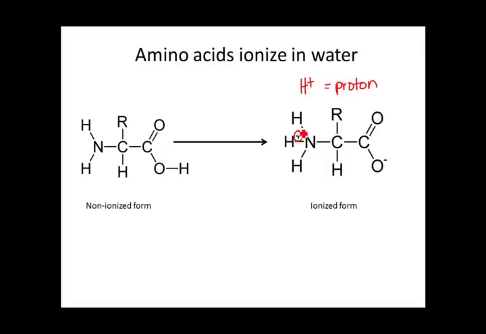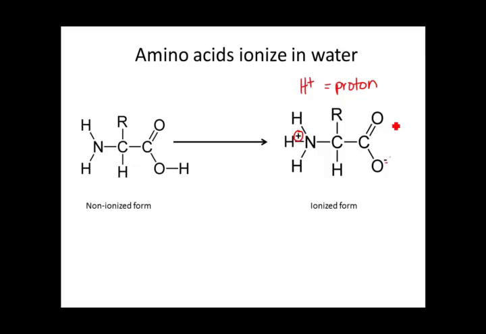And then the carboxylic acid does the opposite. It acts as an acid. Acids donate hydrogen ions, or protons, to their solution, and that's what happens. The proton comes off and leaves the electron with the oxygen, and it becomes negatively charged. We still call this the carboxyl group or the carboxylic acid group. It's just charged. So this is ionized and this is non-ionized.